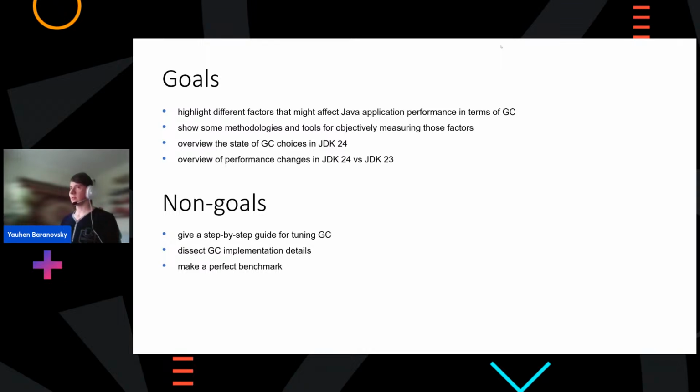Also, I'll mention some methodologies and tools that will help you to make those judgments as objectively as possible. As I've already mentioned, we'll overview some garbage collection foundation in terms of theoretical knowledge. And then we'll compare how JDK 24 compares to JDK 23 in terms of performance features.